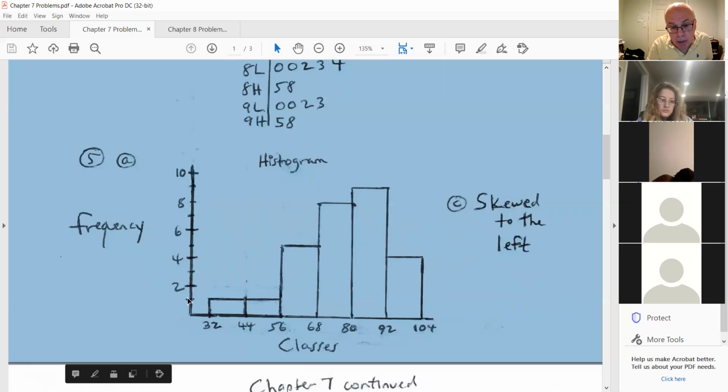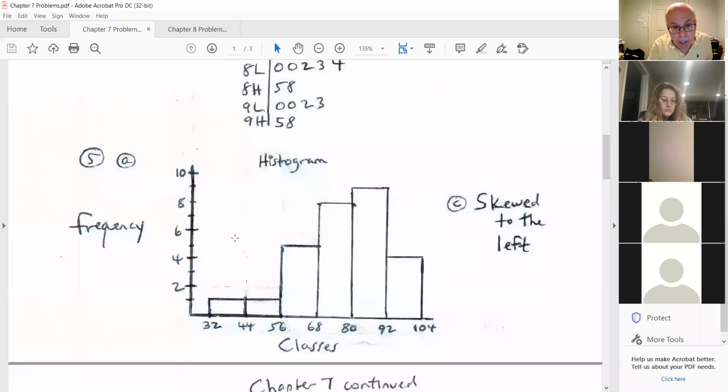We would just calculate that decimal, 1 divided by 28, and that would be the relative frequency for class number 1. So you just take your frequency and divide by the total number of observations, and that gives you the relative frequency. Now, if you did that, the histogram would look exactly the way it looks now. It's just that what would be shown on the vertical axis would be the relative frequency as opposed to the frequency.